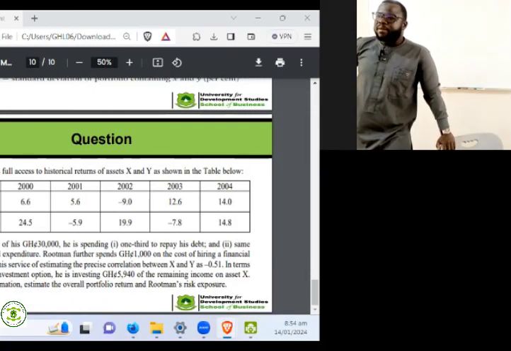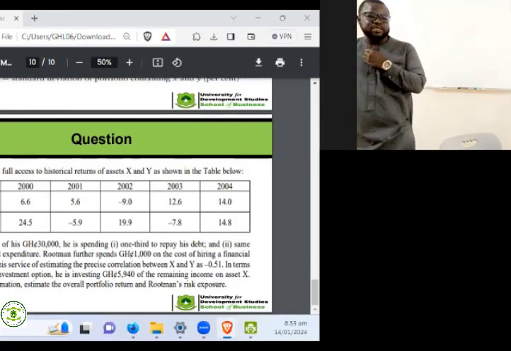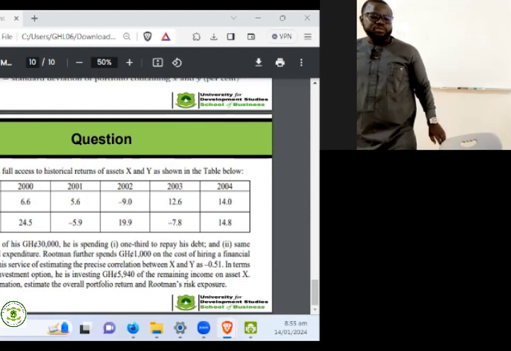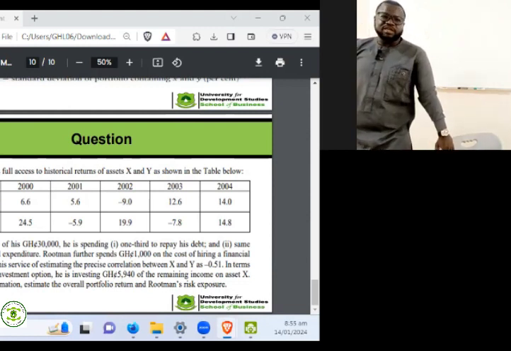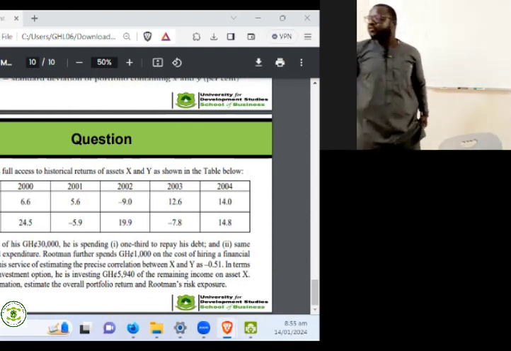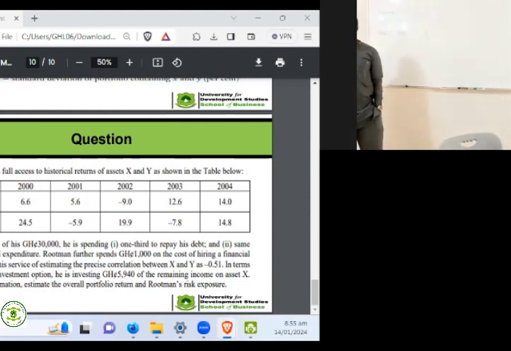But he cannot tell whether the assets he's investing in have negative correlation coefficient, so he hired someone to do the analysis and estimate the correlation coefficient for him at a fee. The fee for that service is 1,000 cedis.